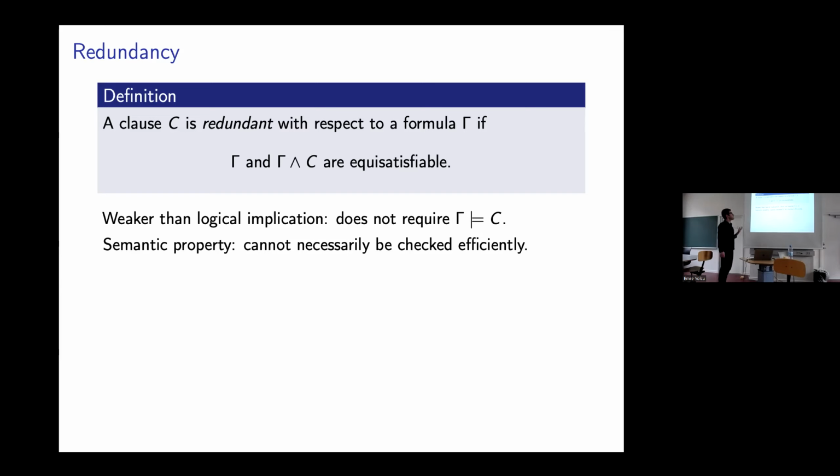And this is also a bit of a semantic property, in that you cannot necessarily check it efficiently. For instance, with respect to an unsatisfiable formula, the empty clause is redundant. So if you were making proof systems that proceeded by adding redundant clauses, you shouldn't take this to be your criterion of redundancy.